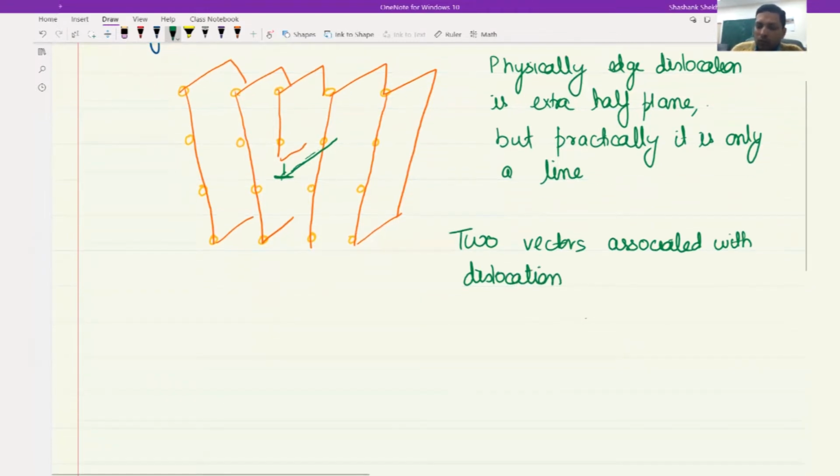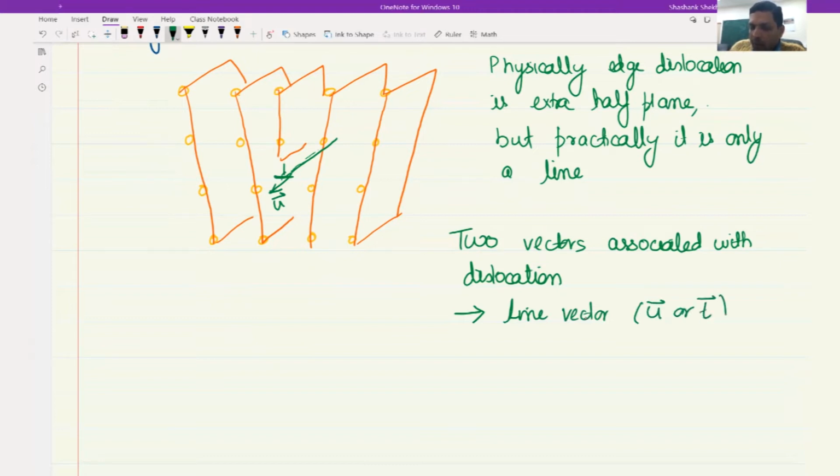What are these two vectors? One is the line vector. If you take a tangent at any point, that becomes the tangent or the line vector. This is called a line vector and is usually represented as U or sometimes also as T.